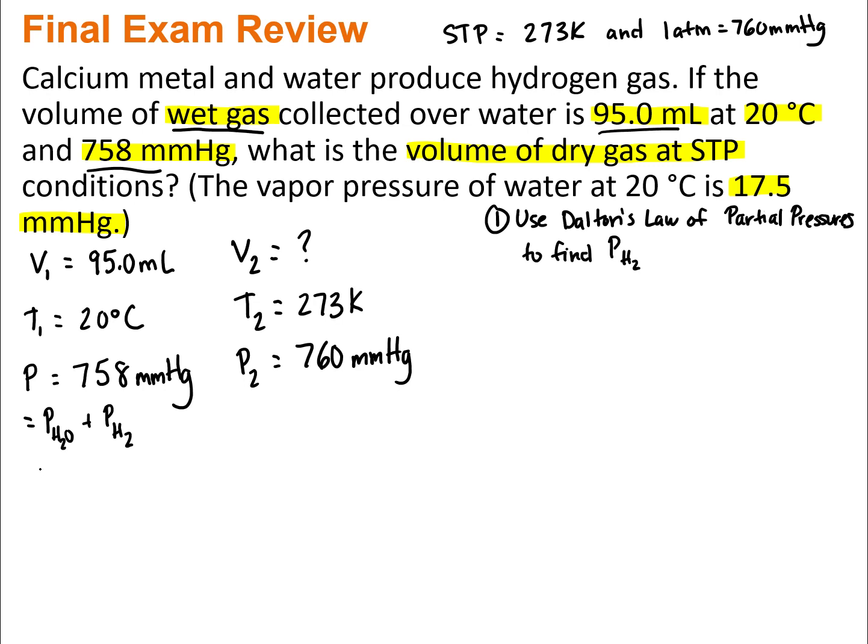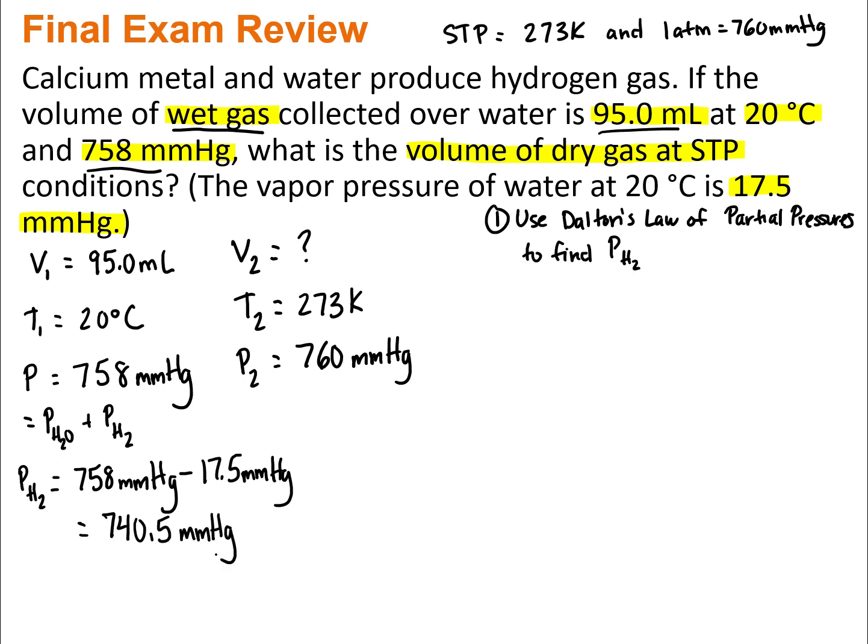So that means we just have to subtract that off. So that is our actual P1.